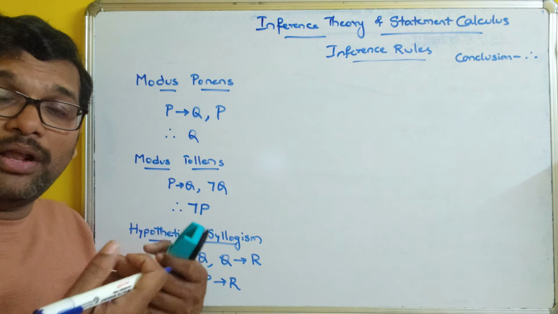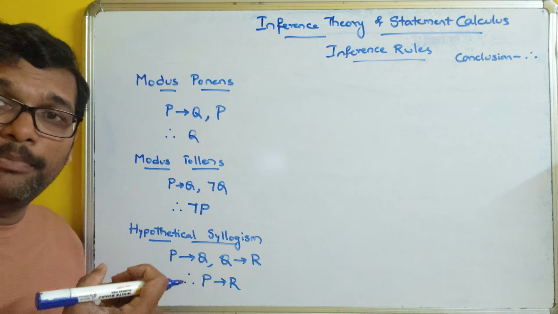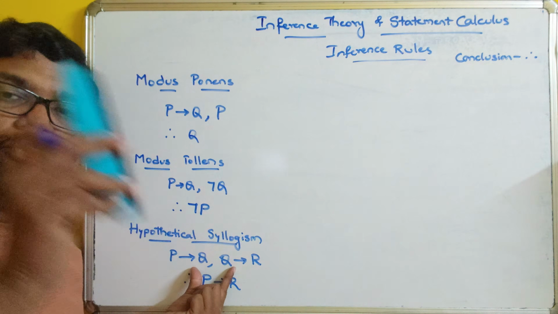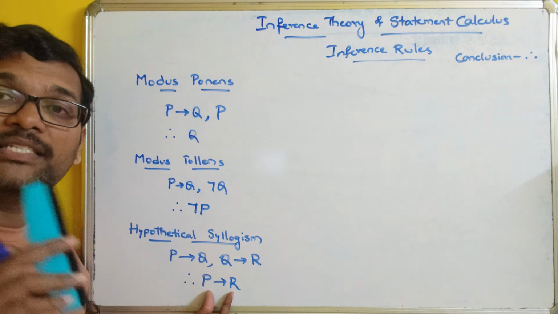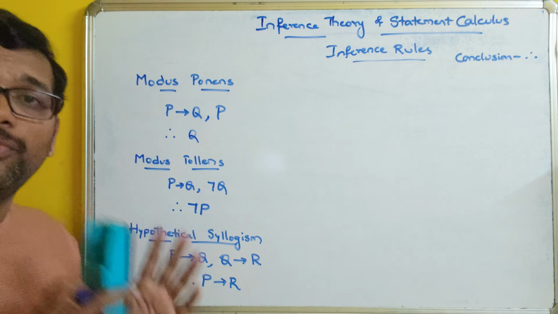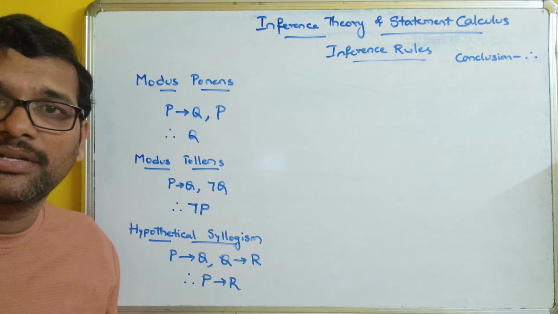So whenever you are deriving the conclusion from the premises, if you got any two premises in this format, simply you can write the conclusion as P implies R. Okay, in such a way we have to use these inference rules.